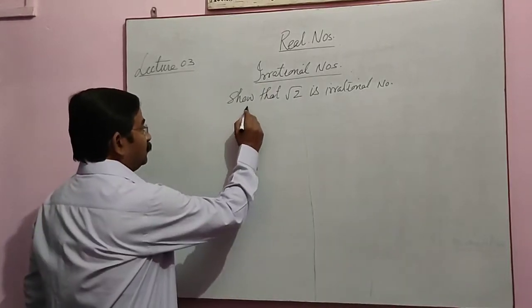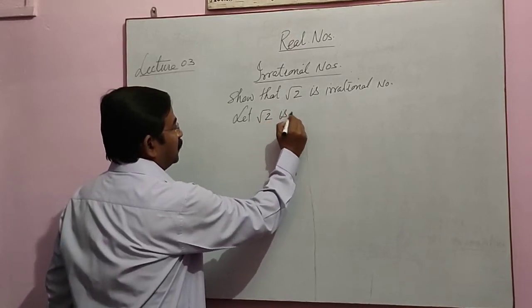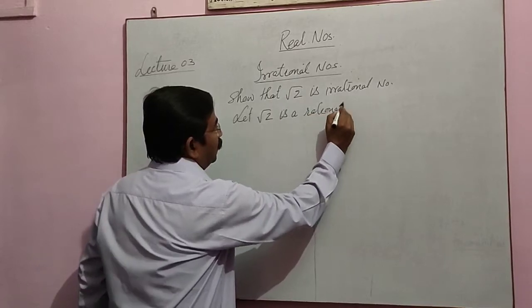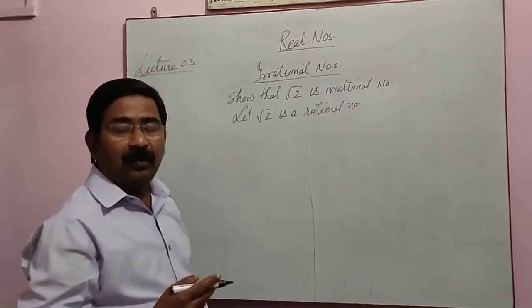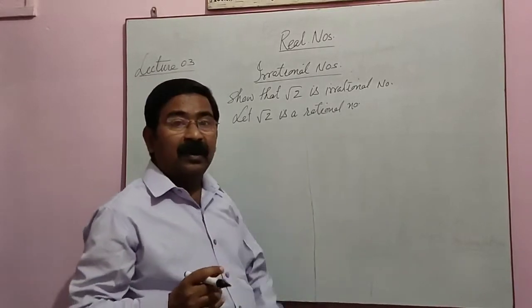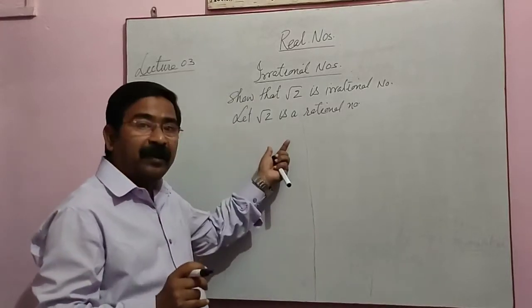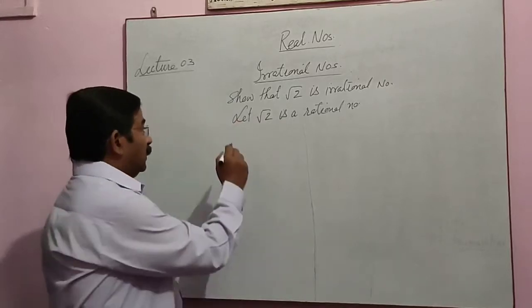We write, let under root 2 be a rational number. And if it is a rational number, then we can write this in the form of p upon q or a upon b.